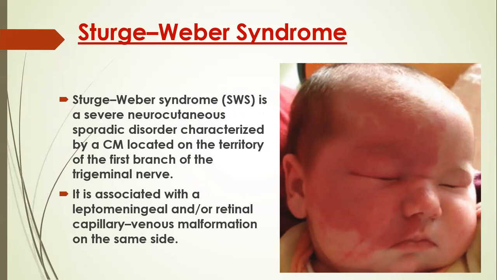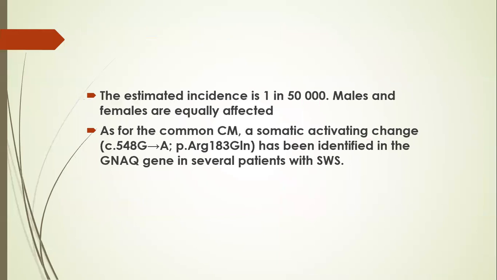It is associated with leptomeningeal and/or retinal capillary venous malformations on the same side. Estimated incidence is 1 in 50,000. Male-female ratio is equal. As for the common capillary malformation, a somatic activating change has been identified in the GNAQ gene.